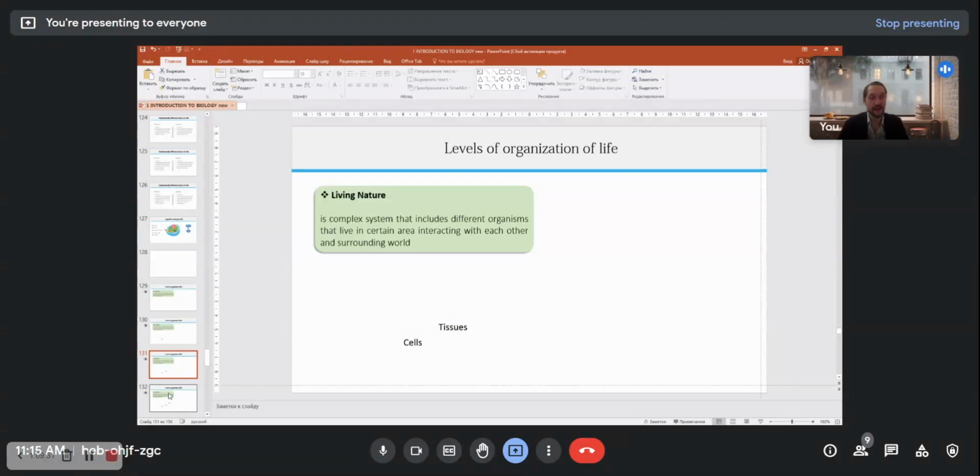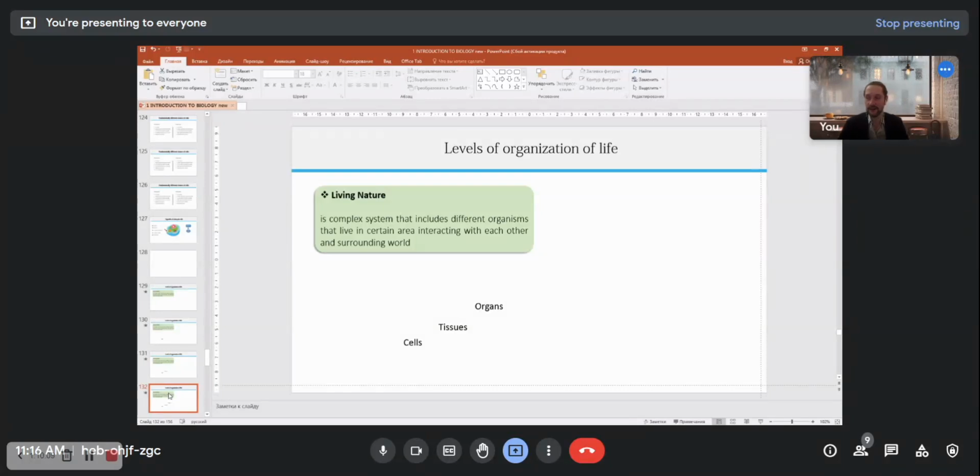Cells organized together with the possibility for interaction with each other will form tissues. Tissues organized together will form organs. And with each step in this complexity level, we will see acquisition of new functions. So organs can perform functions that are actually not possible for each separate tissue included in this organ.